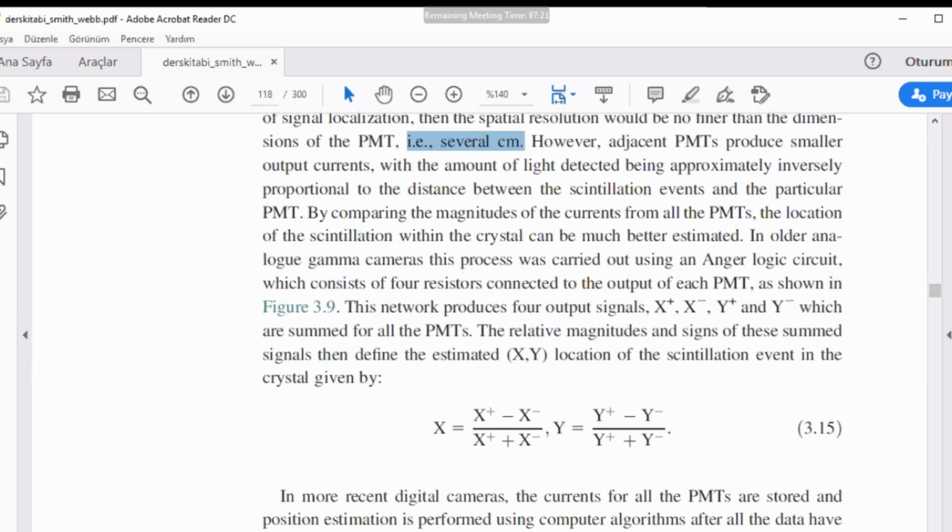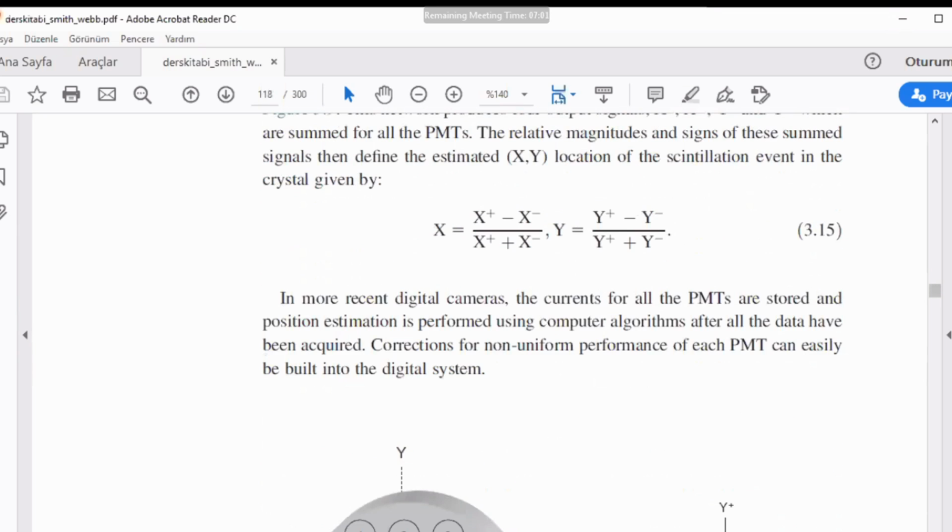The X coordinate is given by the difference of the plus and minus signals over their summation, and Y is the difference of the Y signals. You can consider these the horizontal and vertical parts from the 2 parts of the photomultiplier tube.